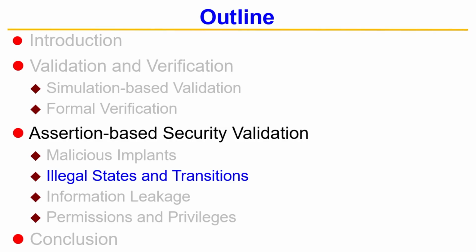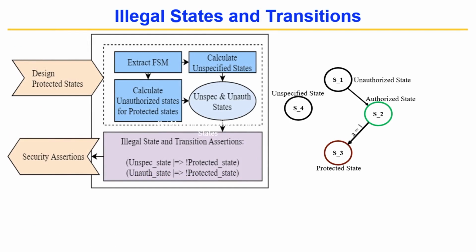So, now let us look at illegal states and transitions. Some of this we talked about in the context of laser fault injection attack in the morning, and the idea is when you have a lot of states, some of them may be connected, some of them may not be connected, like some of the unspecified states. Where does this come from? Let us say you wrote an if-then-else statement or a case statement where you talked about 3 scenarios.